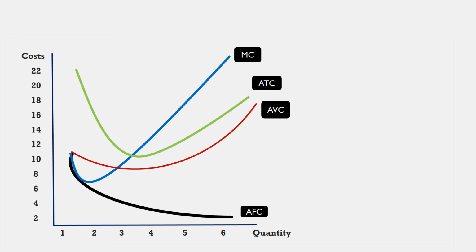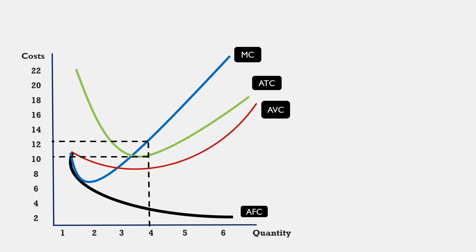So suppose I ask what is the marginal cost of the fourth unit. From the fourth quantity you go up, hit the marginal cost curve, and the value beside it is your marginal cost. So it's 12. If I ask you what is the average total cost of the fourth unit, again you go up, hit the average total cost curve, and it's 10.